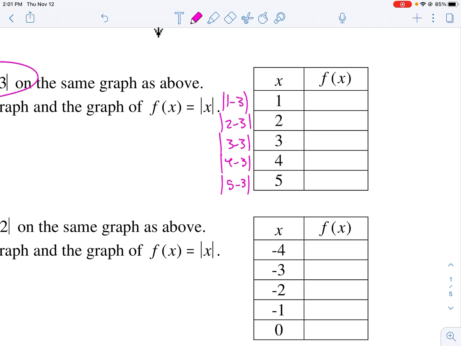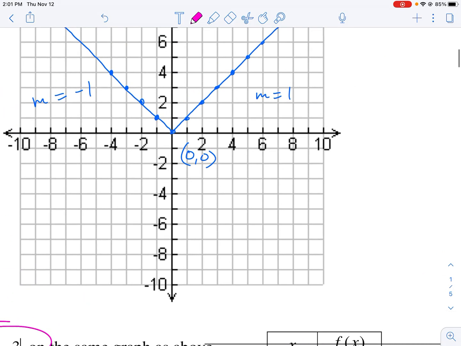Which gives you the absolute value of -2 is 2, 1, 0, 1, and 2 again. But we're at different points. This is the points 1, 2; 2, 1; 3, 0; 4, 1; 5, 2.